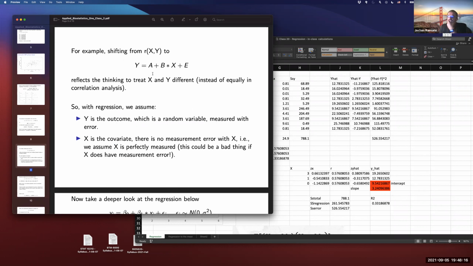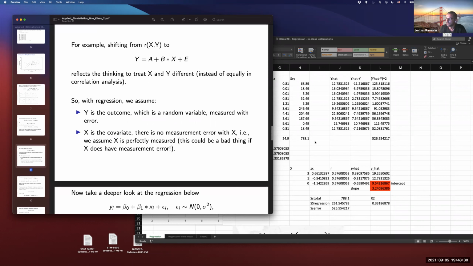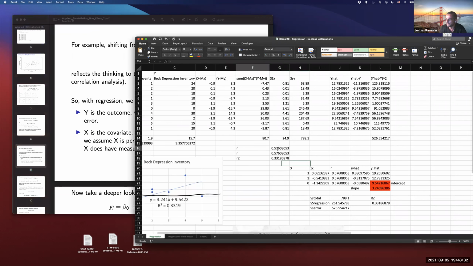Okay, so now shifting from the correlation to the linear regression reflects a thinking to treat X and Y differently, because we have done correlation here with this equation. Right? You basically do the sum of the product of the deviations.